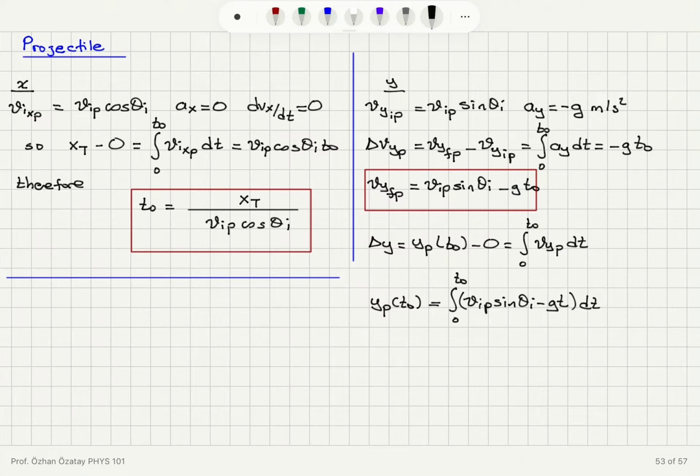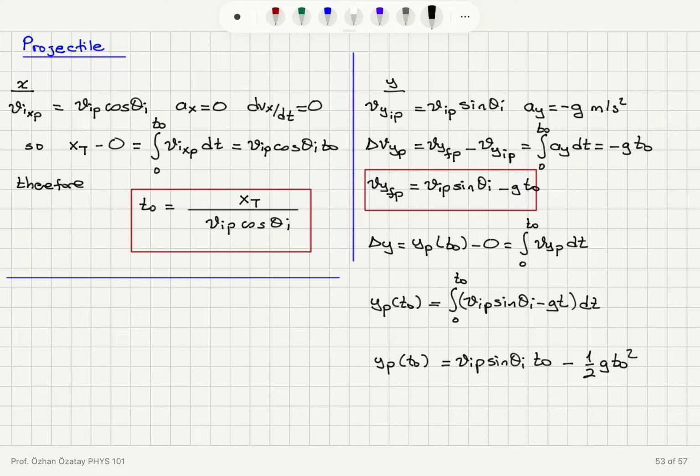So this will give me, for the final position of the projectile, v_ip sine theta initial times t0 minus 1 over 2 g t0 squared.